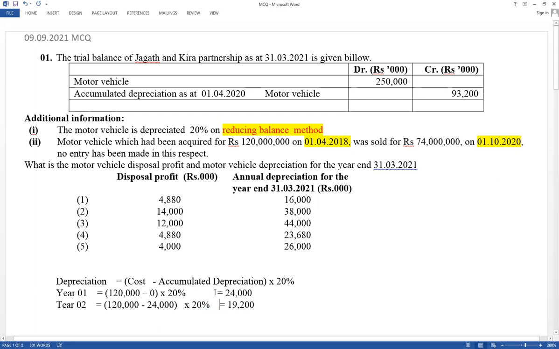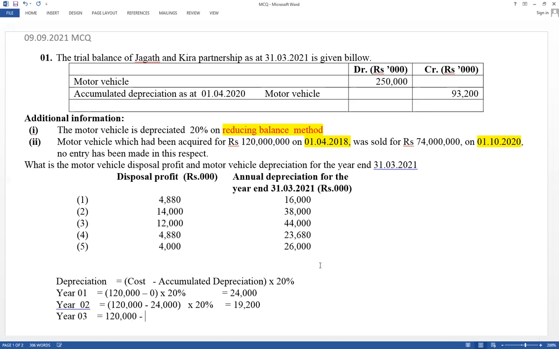That is the depreciation for the second year of the disposal asset. Think about 2 years and 6 months. Therefore, think about the third year. In the third year only 6 months are available. Year 3: cost value equals 120,000.